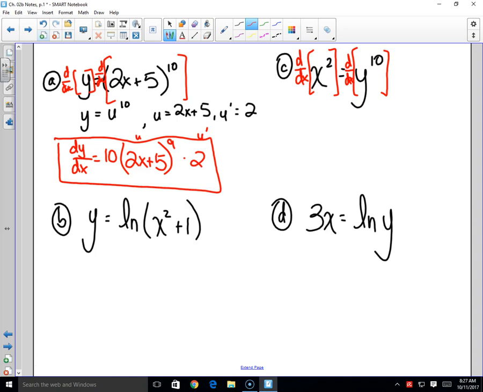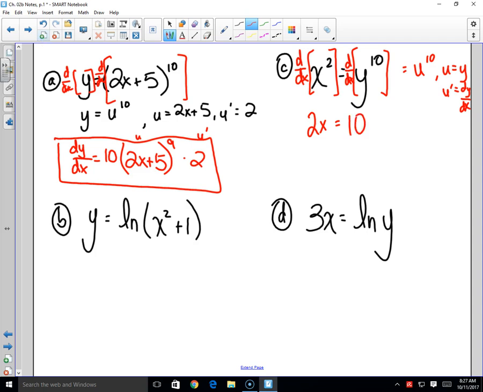What's the derivative of x squared? 2x. Good. Technically 2x times 1. But yeah. What's the derivative of y to the 10th? Pause. It's really u to the 10th, when u is equal to y and u prime is equal to dy dx. So y is always going to be like a u whenever you're taking a d dx.